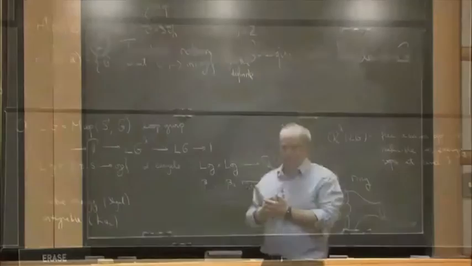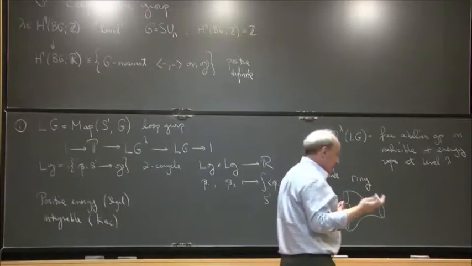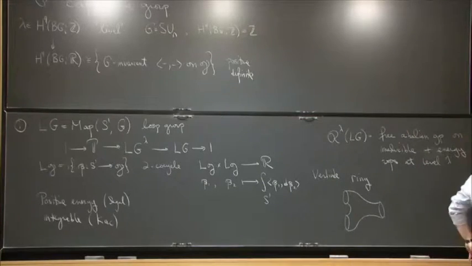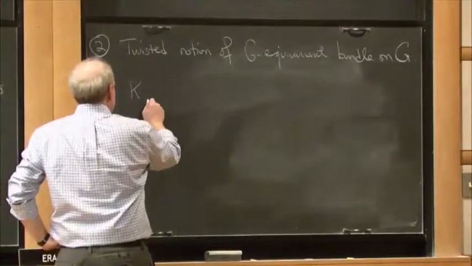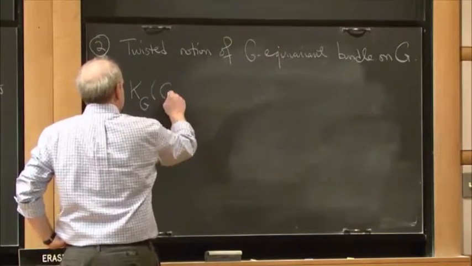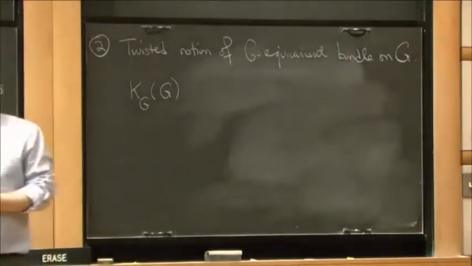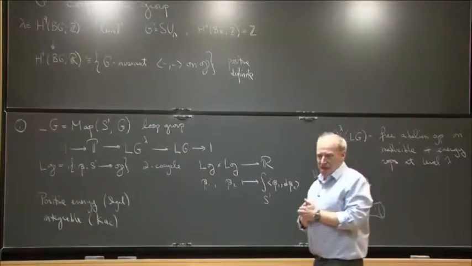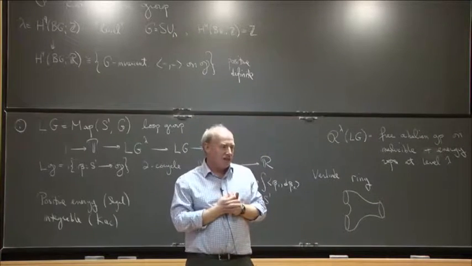So G acts on itself by conjugation, and we can study complex vector bundles over this group. If we want to make an abelian group out of those, that gives us this abelian group, this equivariant K-theory of G acting on G.